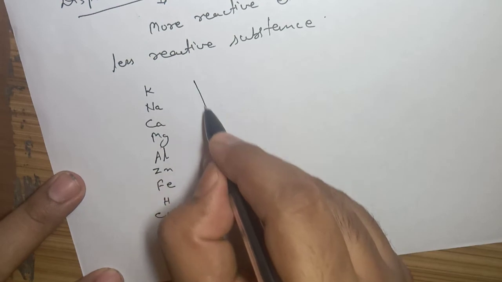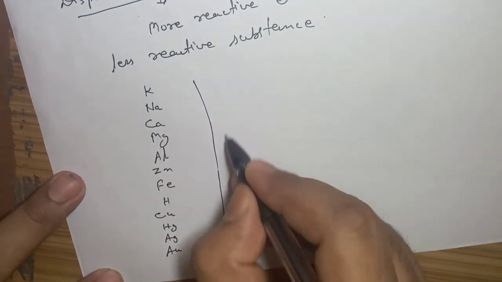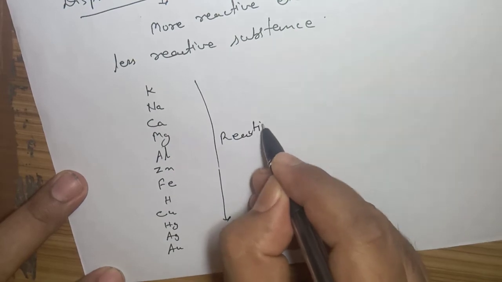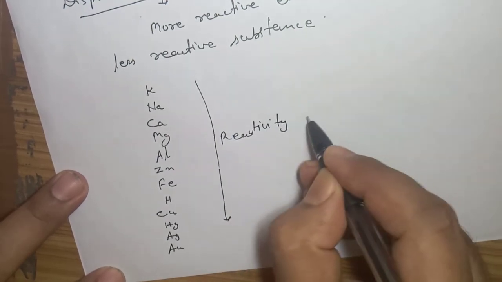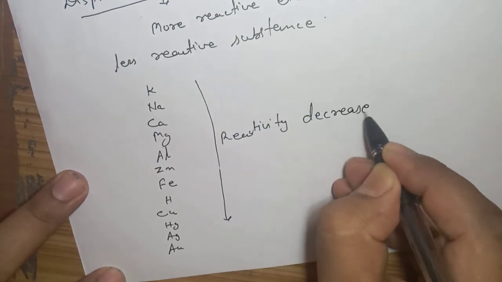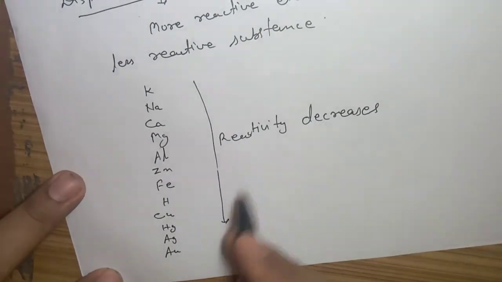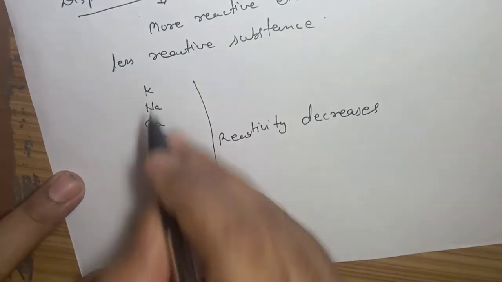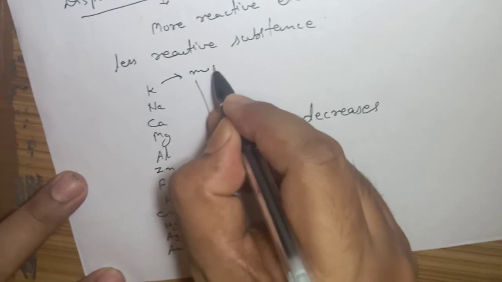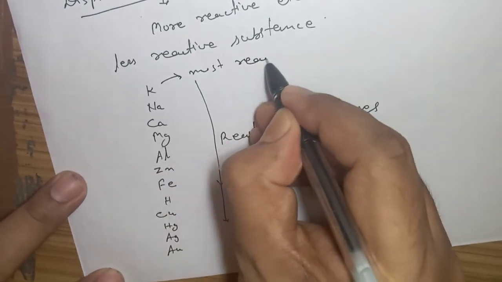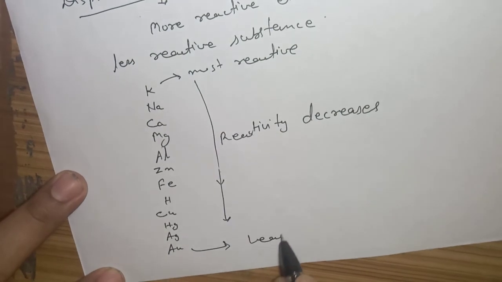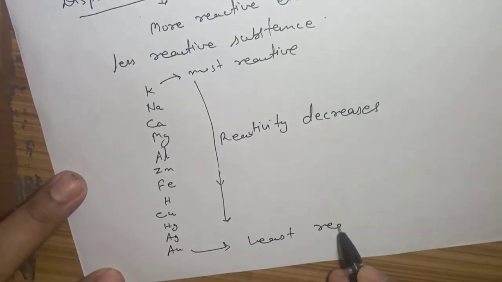Now if you go from top to bottom, the reactivity decreases. So you can say that this is most reactive, and this is least reactive.